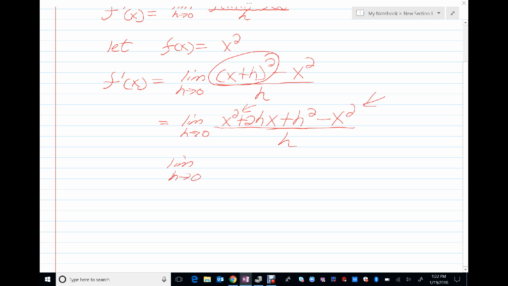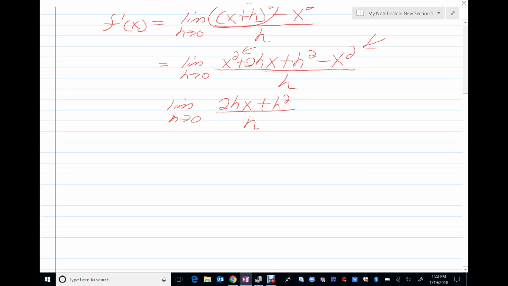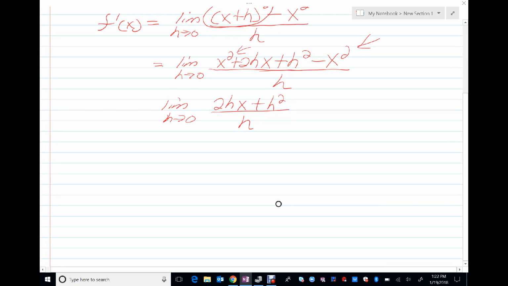So now we have 2hx plus h squared all over h, and the numerator is factorable. So I shall factor it, taking out the greatest common factor, which is h.